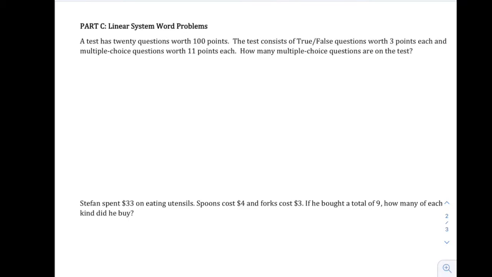So we have two unknowns. We have M, multiple choice questions. So that's the number of multiple choice questions. And then we have, maybe we'll use T for true or false questions.